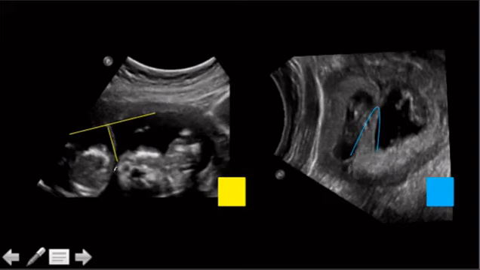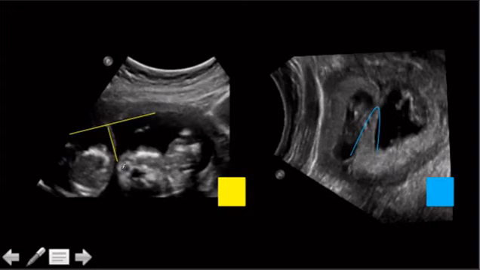So this is a monochorionic, one chorion shared, and this one is a dichorionic, so we've got one for each, dichorionic, diamniotic. Obviously these are both diamniotic. They both have their own sac, but whether or not they're sharing a chorion is the distinction here.